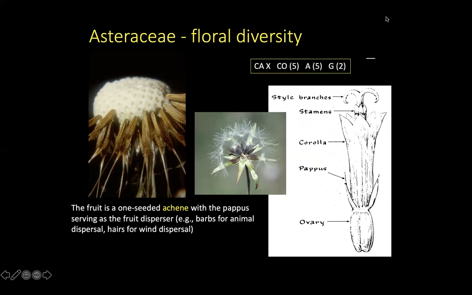Okay, so on top of the achene, there often is going to be the persistent calyx. The special name for that is going to be the pappus. And often the pappus is modified as the main mode of fruit dispersal.